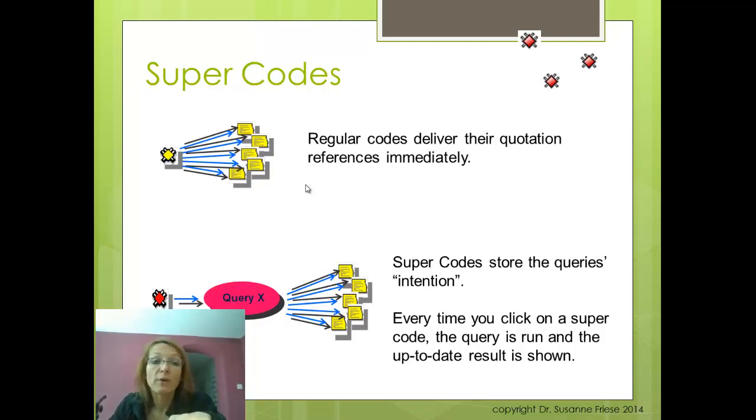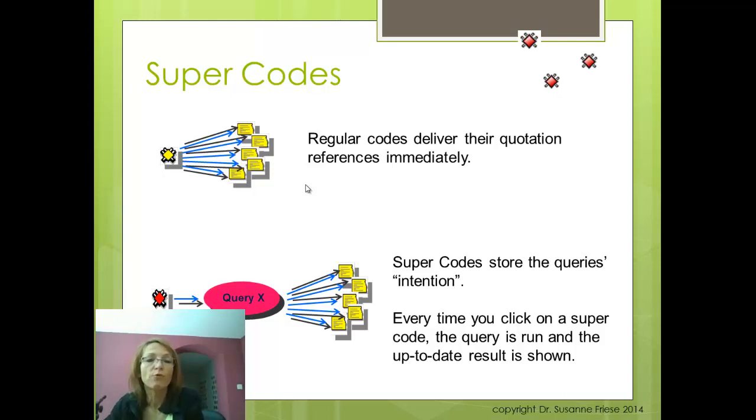The same goes for super families. Super code families can be combined with Boolean operators: and, or, not. So they combine, for example, your males and females from London as compared to your males and females from another place. And if you add new documents, a super document family will be updated all the time.